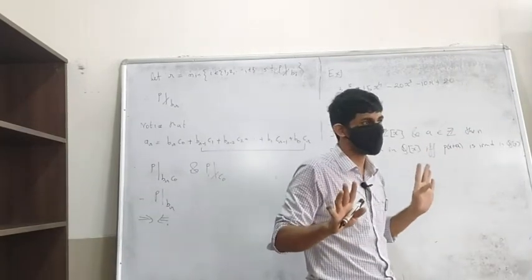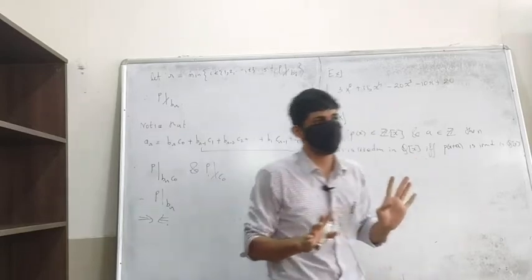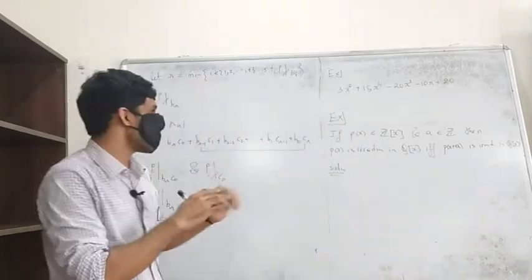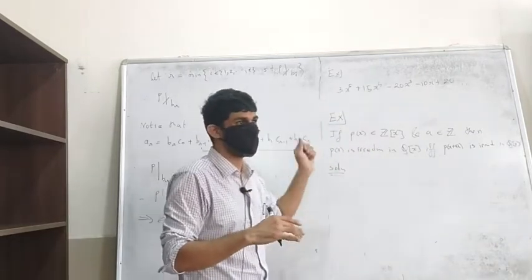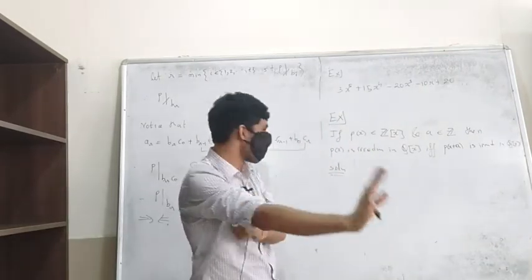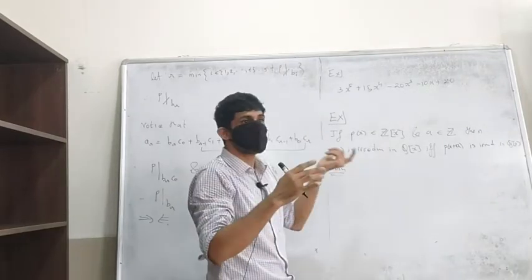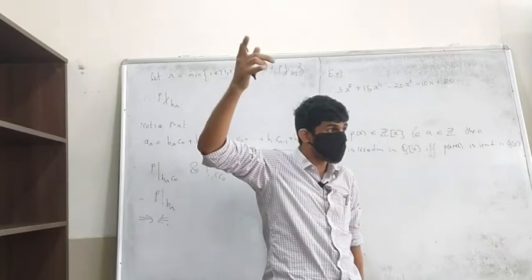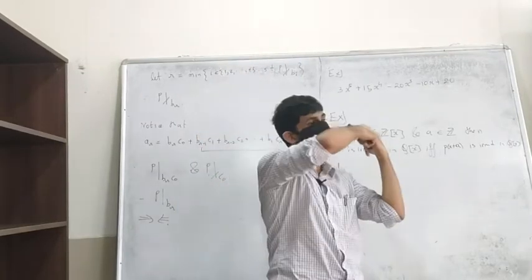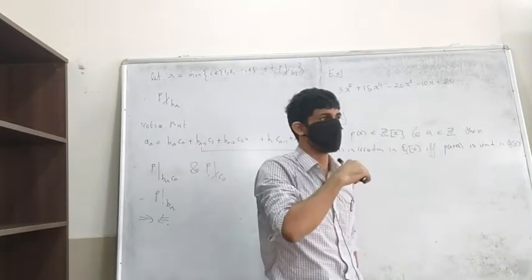I hope you agree with that. At least over R you should agree with that. You can prove it more generally in other rings, but I'm not worried about it for now. And the degrees of g of x plus a and f of x plus a will be the same as the degrees of g and f.